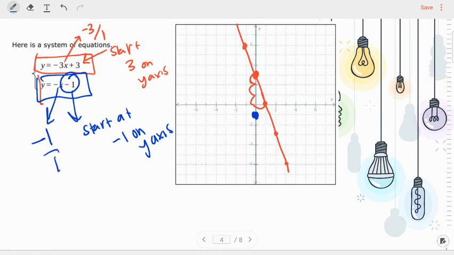Then I'm going to make it a fraction, -1 over 1. Starting from that dot, I'm going to count down 1 and to the right 1, always to the right. With my lines extended, I can see that they cross right here. What is that solution? 2 is my x value, and -3 is my y value.